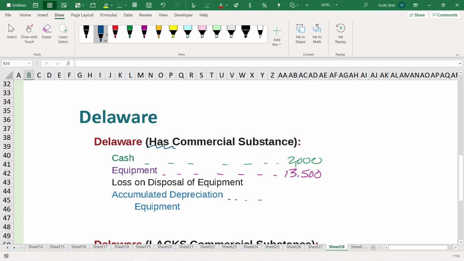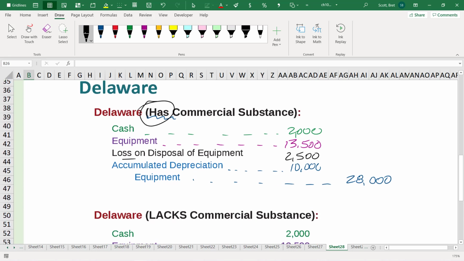It's going to get rid of accumulated depreciation of $10,000. It's going to get rid of the cost basis, $28,000, which means it has a plug figure, in this case, the loss on disposal of $2,500. And that's a transaction in a situation where Delaware has engaged in a commercial substance transaction.